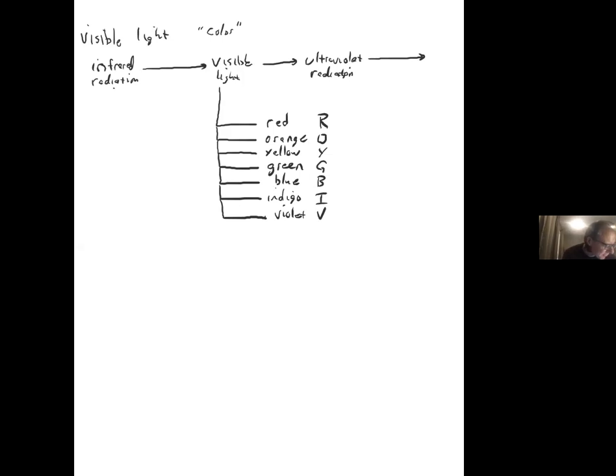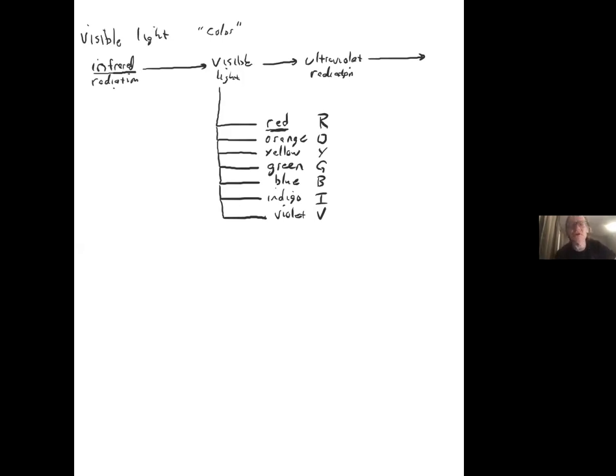And I just want to point out that the red is closest to infrared, right? Infrared and then red. Those are right next to each other. We don't really have names for the different colors of infrared because we can't see with our eyes. Because we have instrumentation that can measure infrared really well, we do have some names.